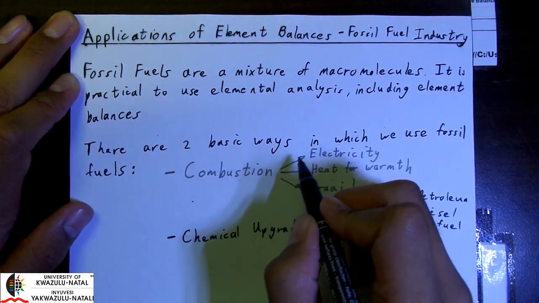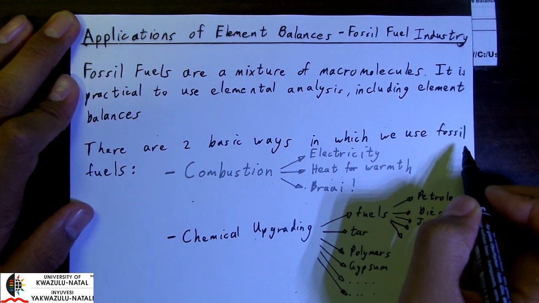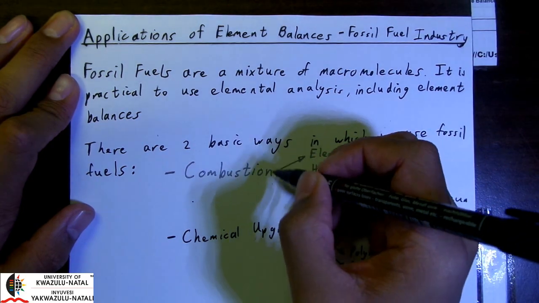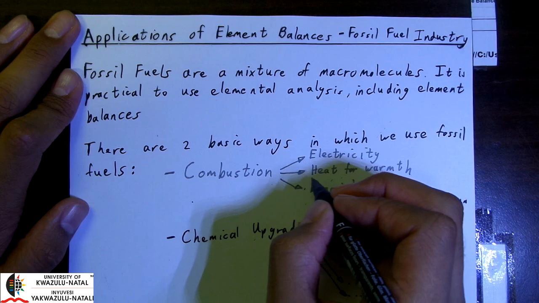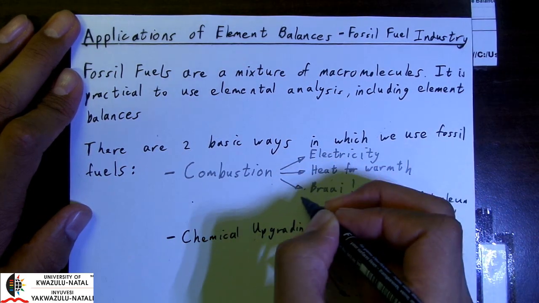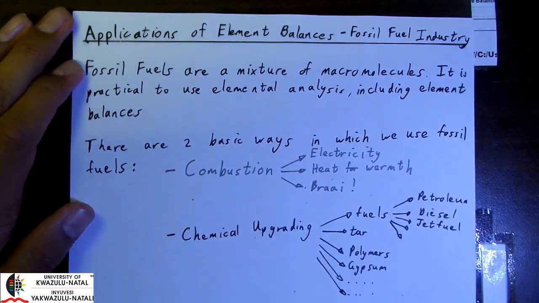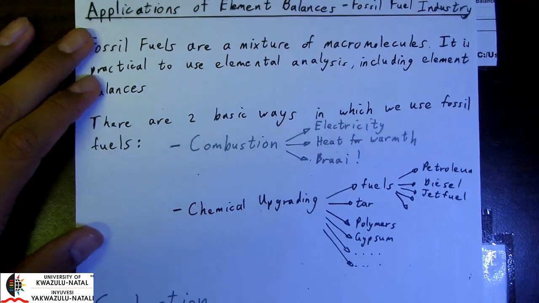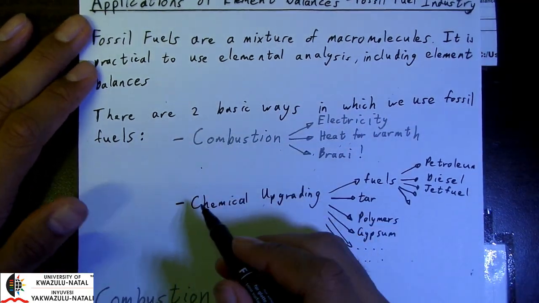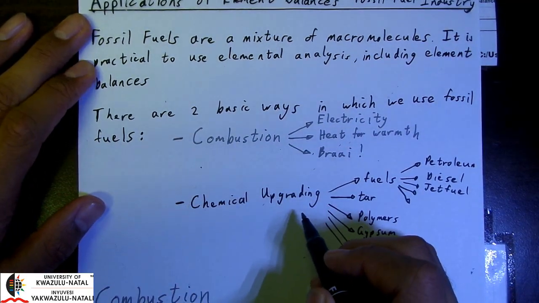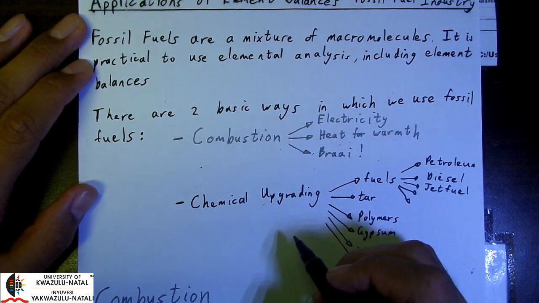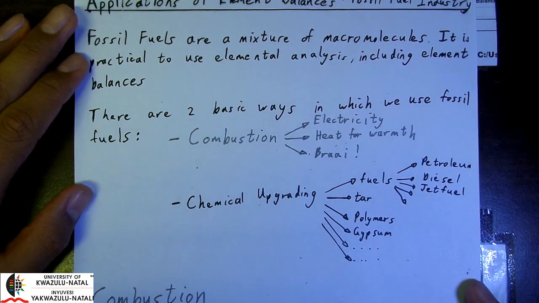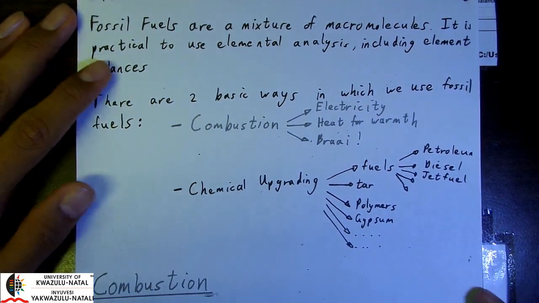Now there are two basic ways in which we use fossil fuels. One is for combustion to generate electricity, or for the more basic purpose of heat for warmth or even warming food for a barbecue or a braai. And another use for fossil fuels is chemical upgrading. Virtually every aspect of crude oil, gas and coal is used. It has some purpose which has been developed over the years.